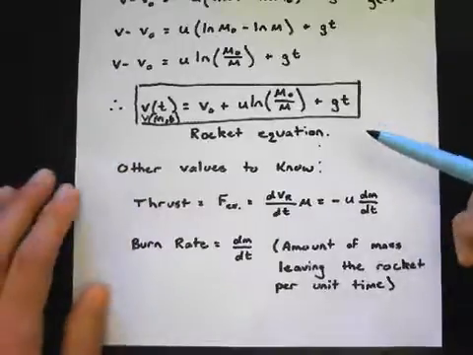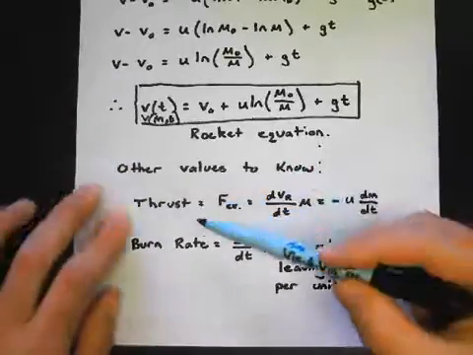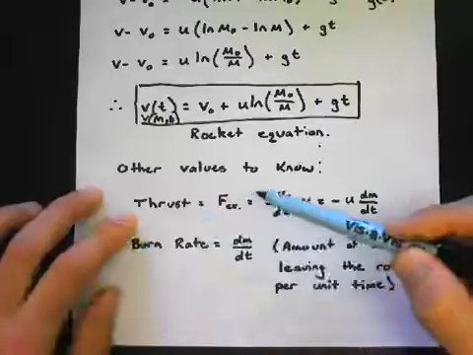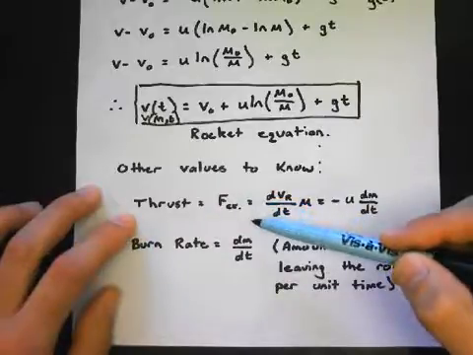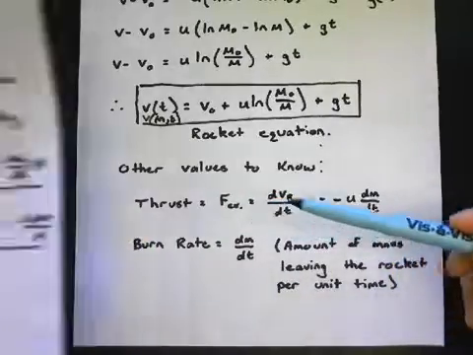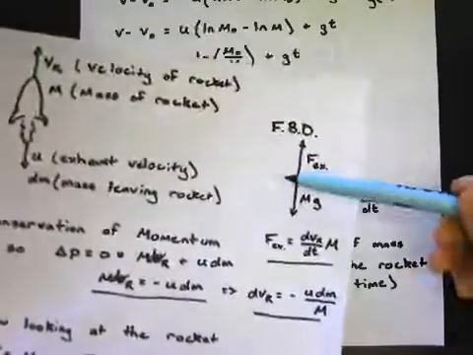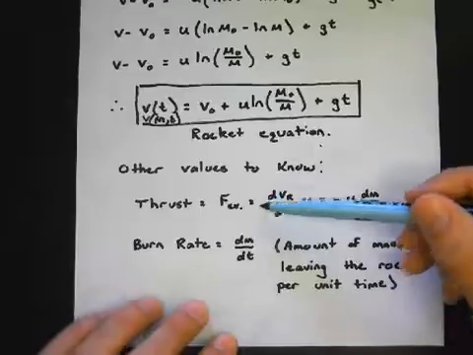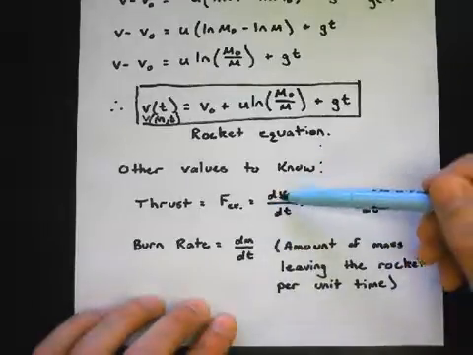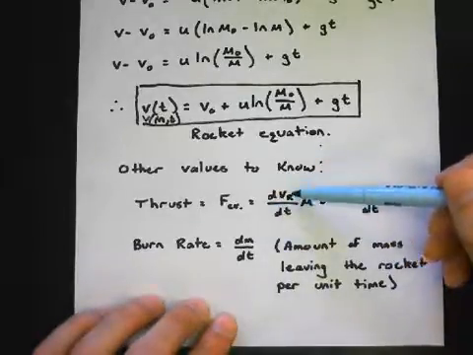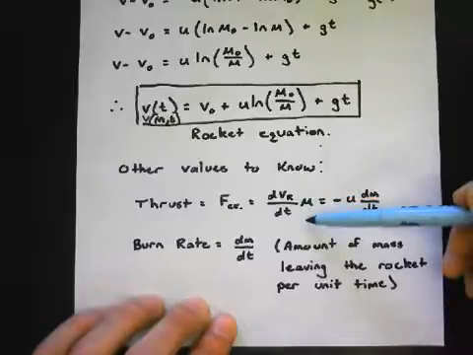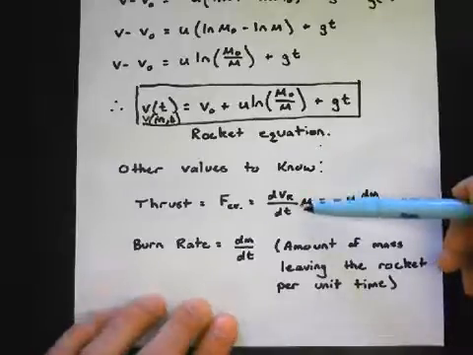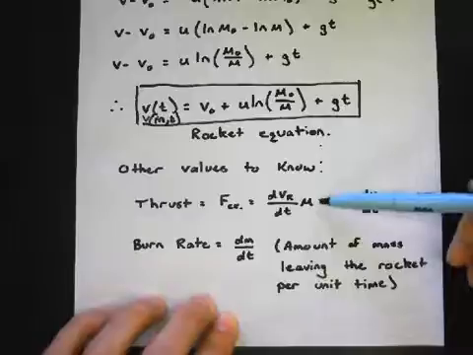Now, some other values to know. Thrust is defined by that external force that we defined earlier in our free body diagram, which is equal to the change in velocity of the rocket per unit time, or dv_r dt, times the mass of the rocket.